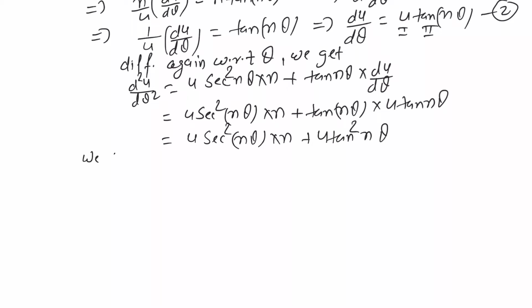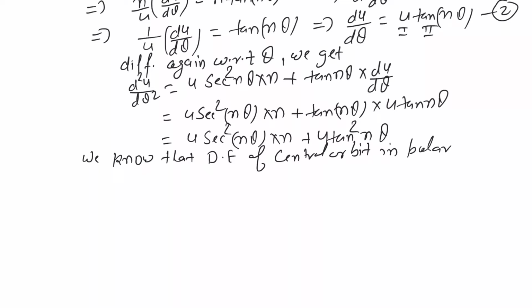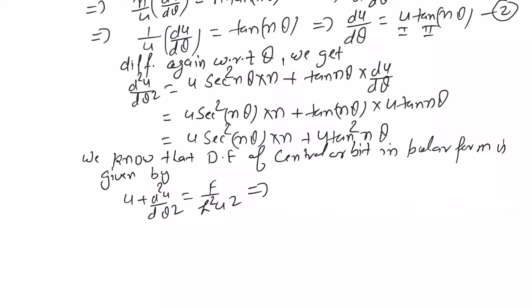We know that the differential equation of central orbit in polar form is given by u + d²u/dθ² = f/(h²u²), named as equation number 3.